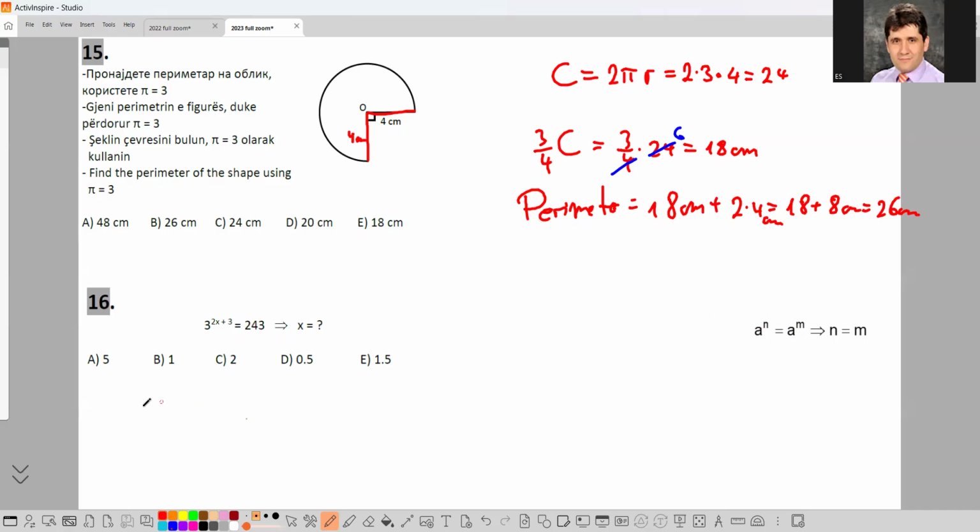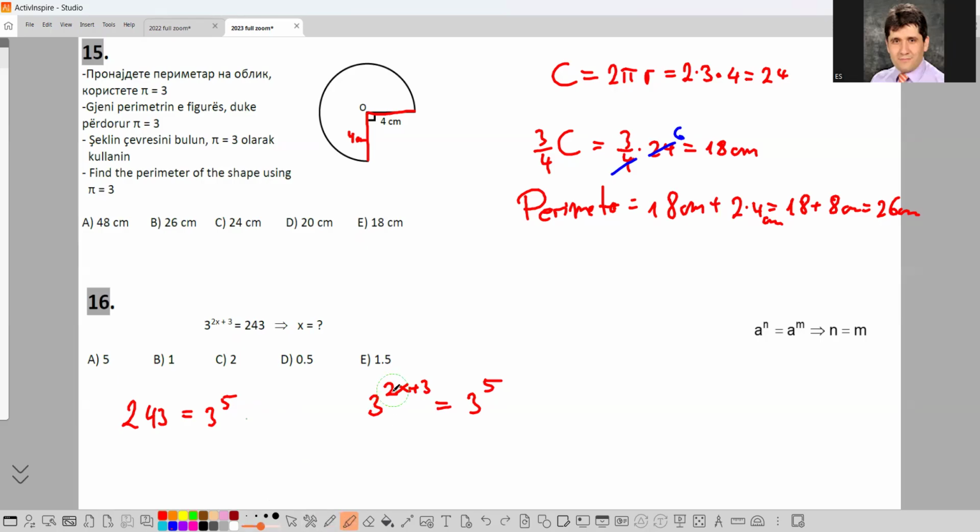Great. So the number 243 is actually 3 to the power 5. How can we guess it? Well, you can try 3 times 3, it's 9, times 3, it's 27, times 3, it's 81, times 3 is 243. So the left-hand side is 3 to the power 2x plus 3, and the right-hand side is 3 to the power 5.